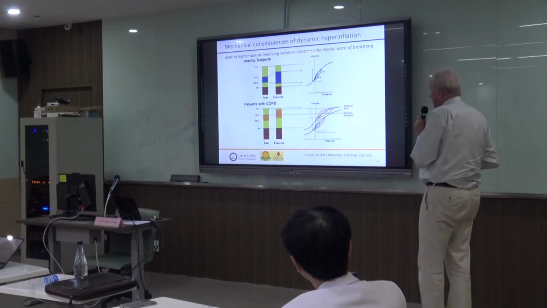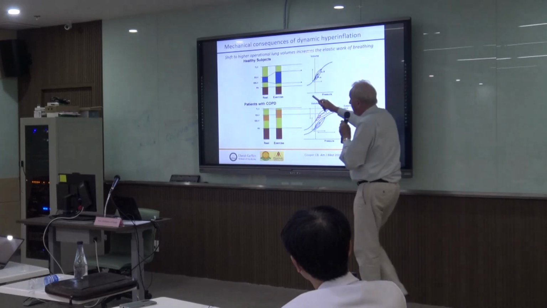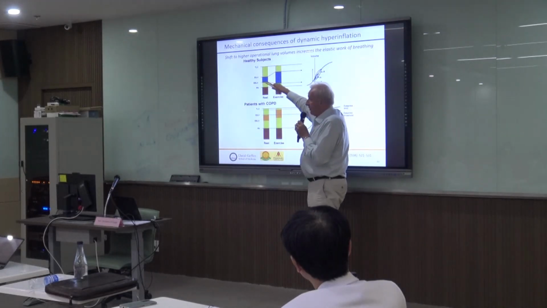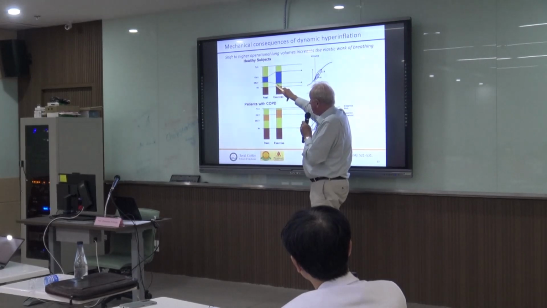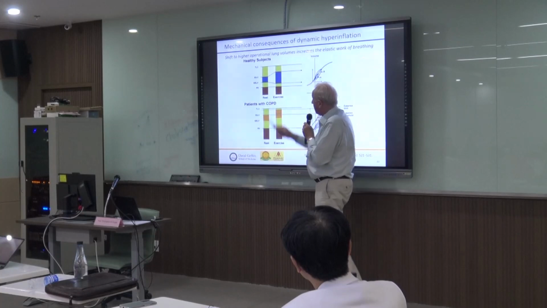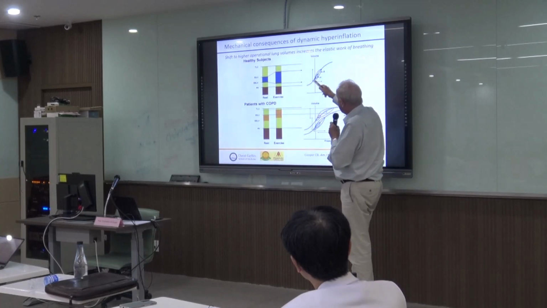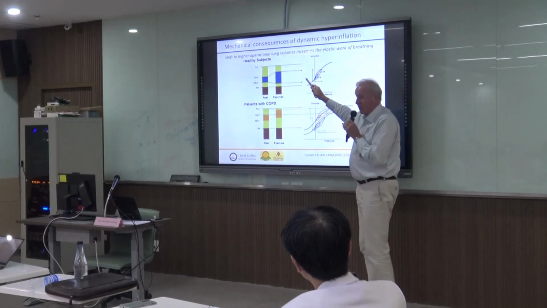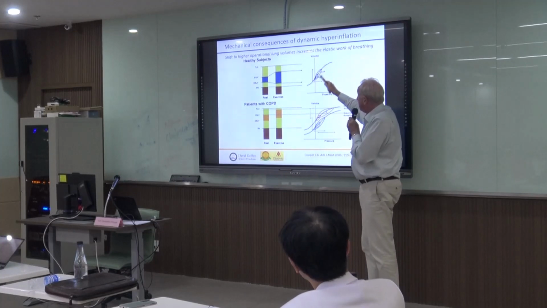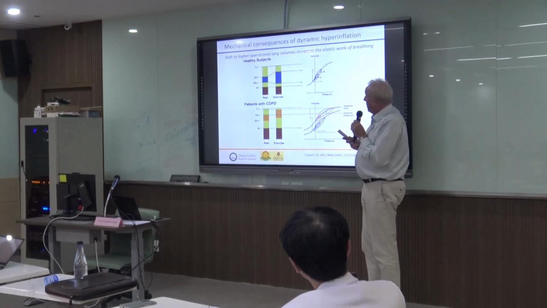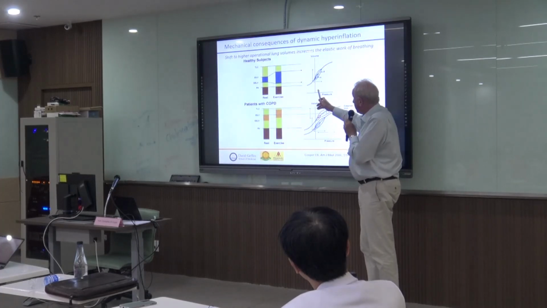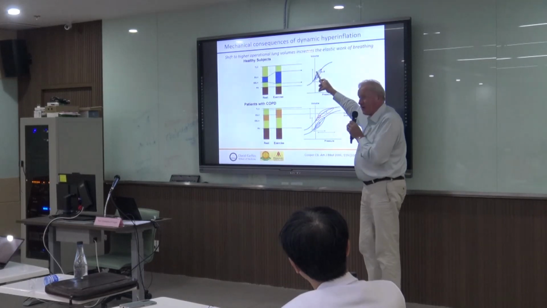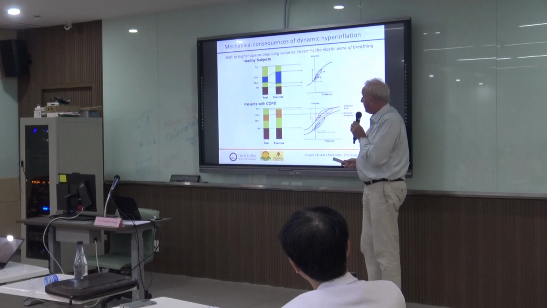What it means, and again you've seen similar slides, this is a normal subject where tidal volume increases during exercise by virtue of lowering FRC or end expiratory lung volume and increasing end inspiratory lung volume. And the tidal volume range or the operational lung volumes remain on a steep part of the respiratory system compliance curve, meaning that for given intrathoracic pressure changes, you get big and satisfying changes in tidal volume.